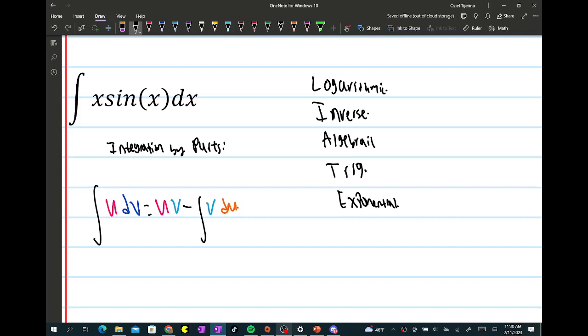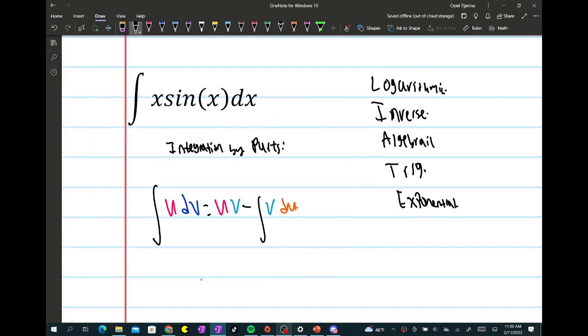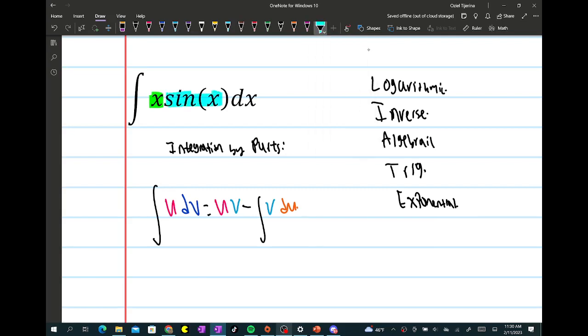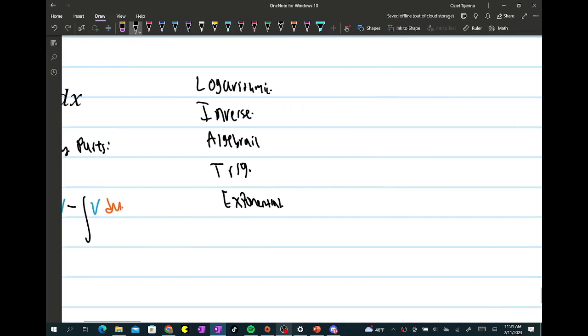Looking at this integral, we have an x and we also have a sine of x, and we don't know if u will be x or sine of x dx. That's why we have this acronym.